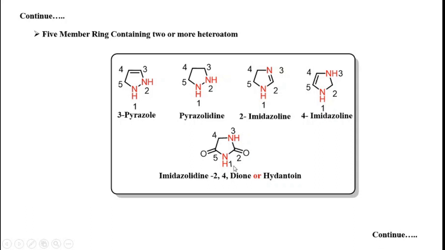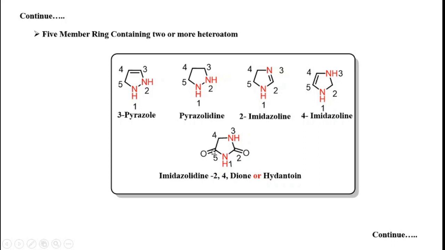Hydantoin is an imidazolidine derivative, the fully saturated case of imidazole. Because of the full saturation, it shows idine in the suffix, and hence it is imidazolidine-2,4-dione. Dione, di-one, or this double bond O, is present at position numbers 2 and 4.